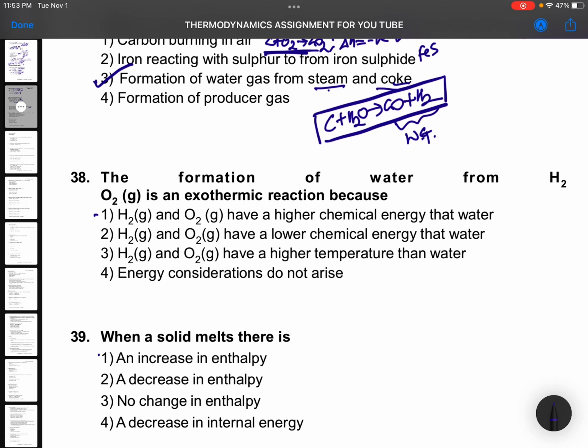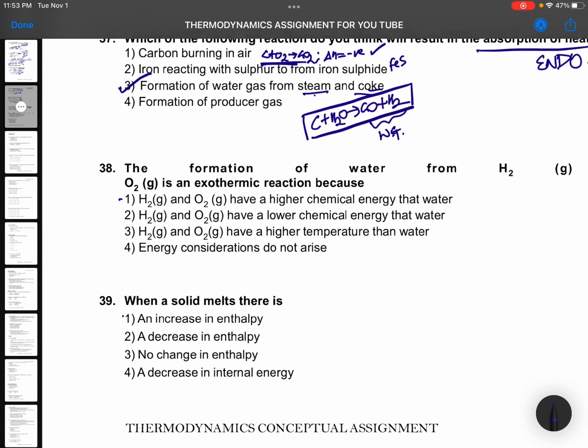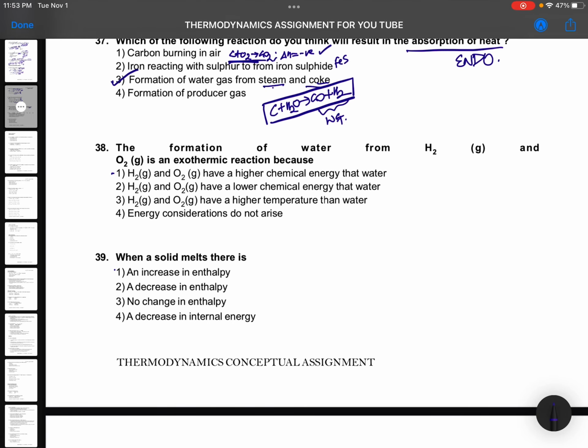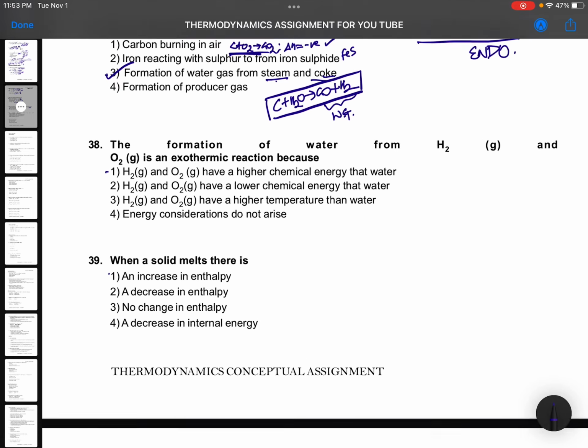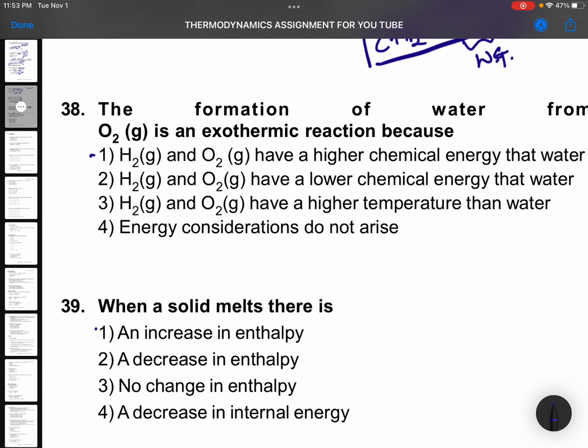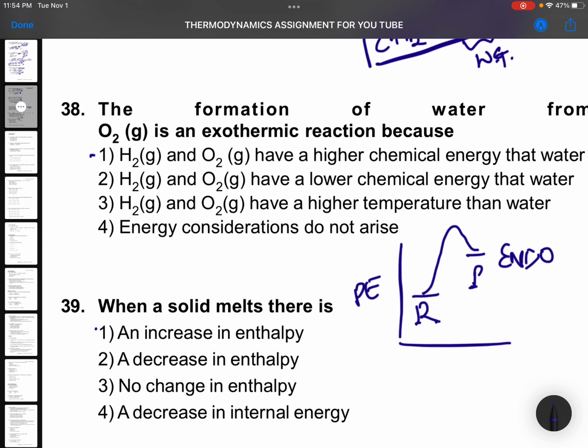So coming to 38, have a look once at what question is given. The formation of water from H2 and O2 is an exothermic reaction, because here you need one simple graph. See, if this is reactants, potential energy I am taking here, and this is product. Energy of the products is more than reactants, this is endothermic.